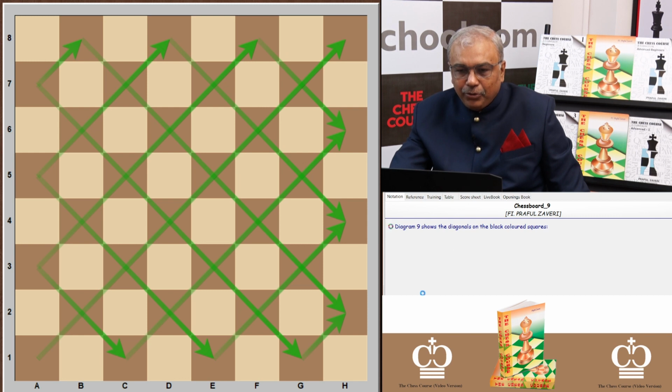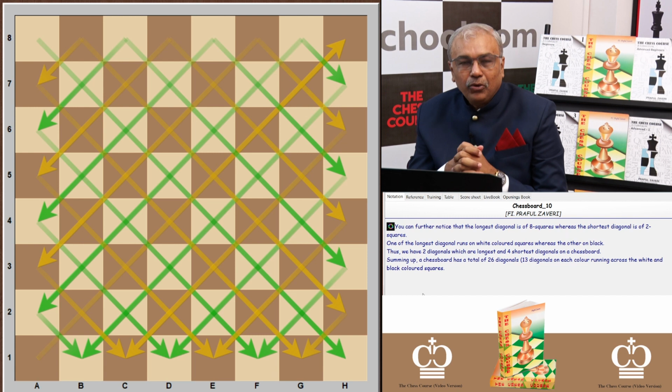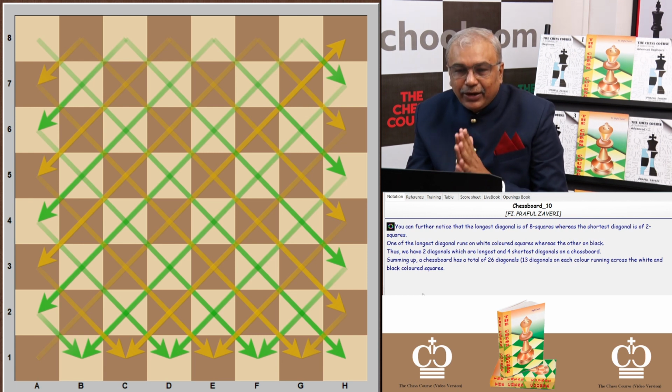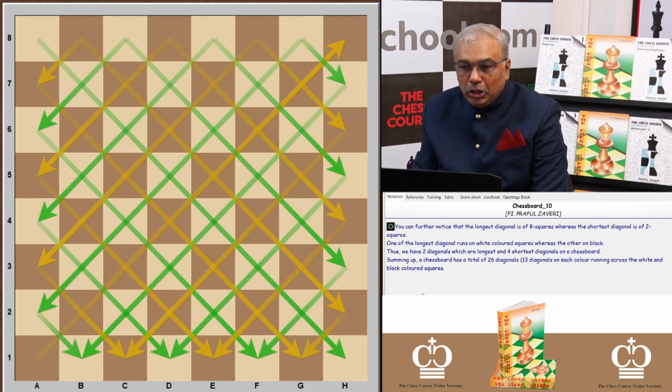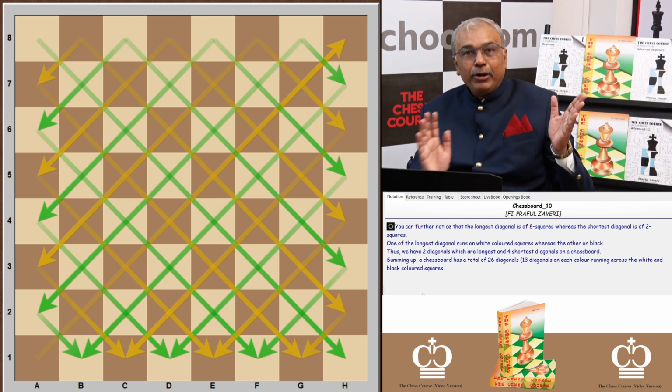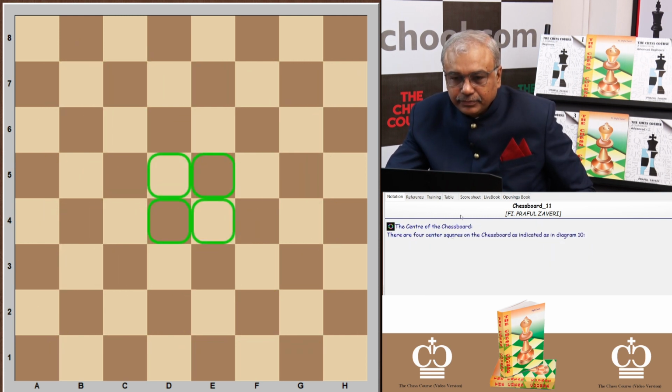And if we are to take the total diagonals, 13 for white and 13 for black. So summing up, the chessboard has a total of 26 diagonals, that is 13 diagonals on each color running across the white and black colored squares. I hope you have been able to understand the files, the ranks and the diagonals.